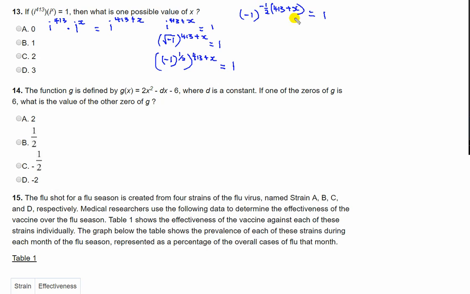But if you end up with an even number, negative even, you will end up with a positive value on the left hand side, because remember, minus 1 times another minus 1, if the power is even, then it becomes a positive 1. So in other words, this thing here must become even.